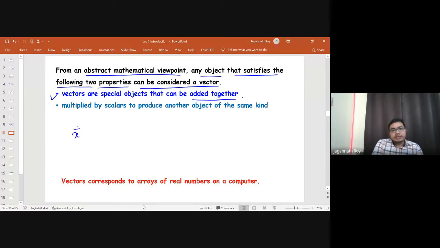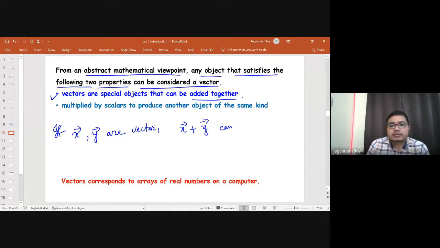Suppose x is a vector and y is a vector. Then x plus y can be defined.